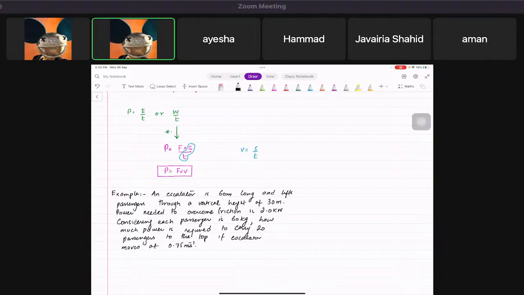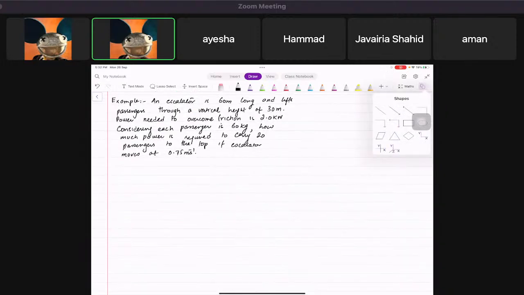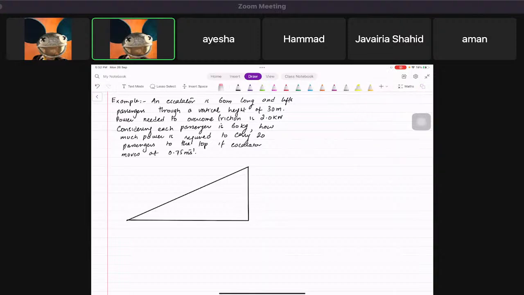Now, when you look at how it's basically working, this is the escalator. It says this height is 30 meter, the vertical one, and basically this whole thing is 60-meter long.